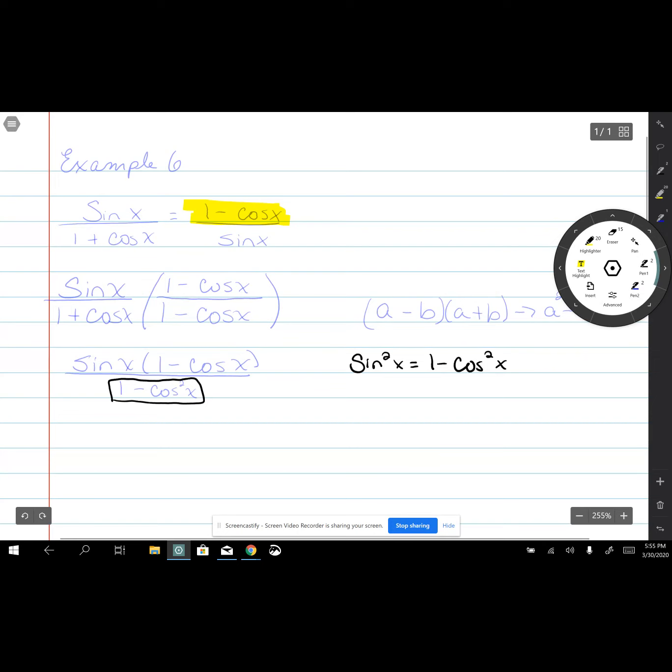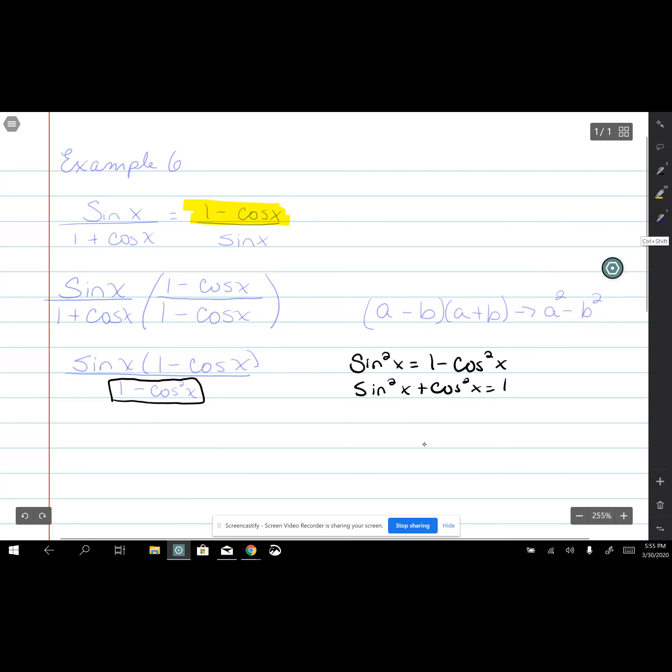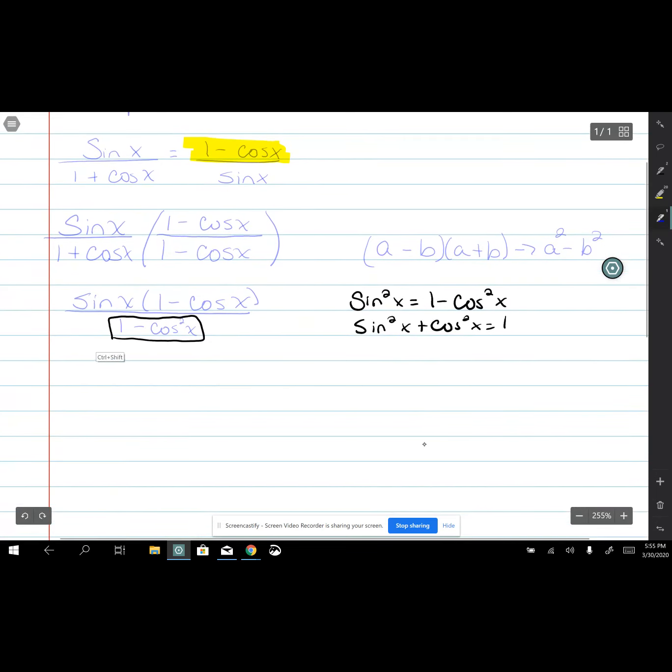I know this because sine squared x plus cosine squared of x is equal to 1. And when I kick that cosine over, that's where that comes from. So with that being said, I'm going to rewrite this, but instead of 1 minus cosine squared x on the bottom, I'm going to rewrite my top as is.